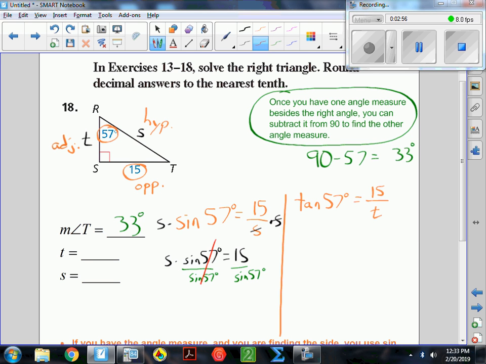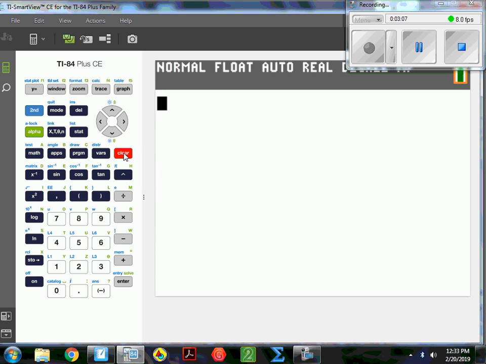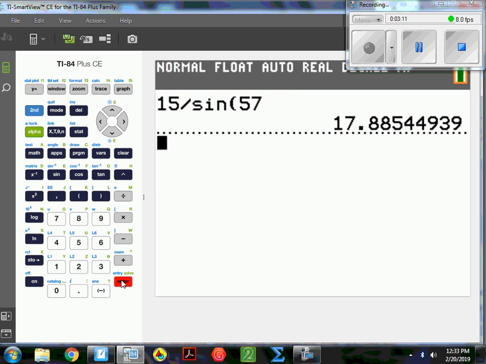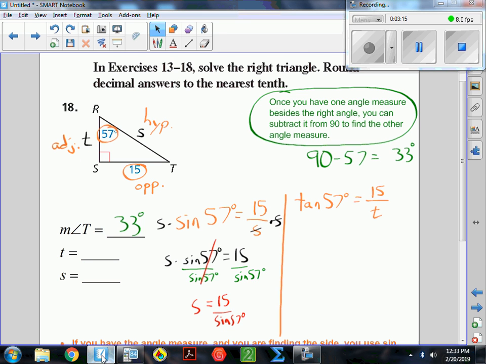Sine 57 divided by itself is 1, and so now I have S equals 15 divided by sine 57. And I can type that in my calculator, 15 divided by sine 57. 17.9 if I round, 17.9 for S.